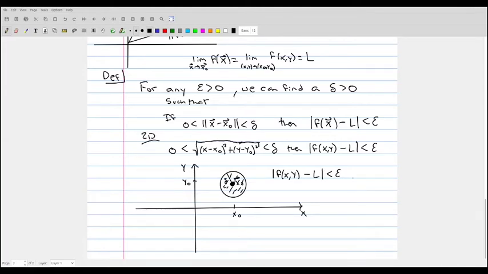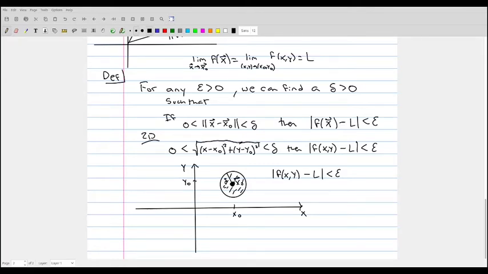So you can think of it as the smaller epsilon gets, the smaller this region is going to get. But if the limit exists, that means that the function is approaching the value of the limit. So essentially, no matter how close you want to get to the limit, you can always find a region around the point where the function stays within epsilon of the value of the limit.